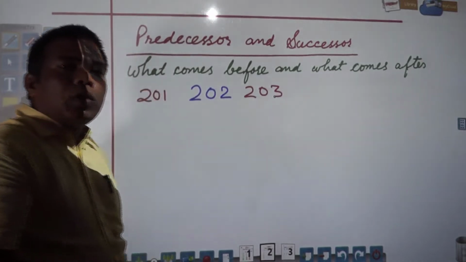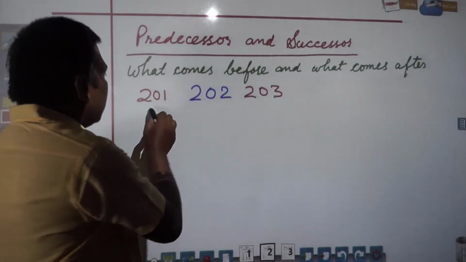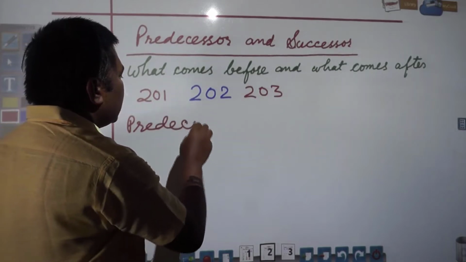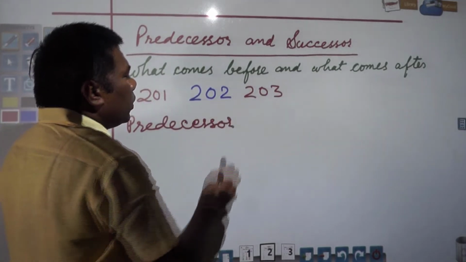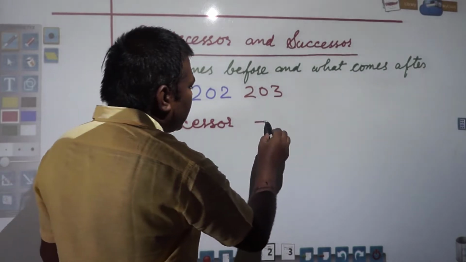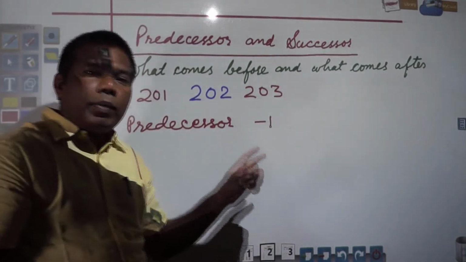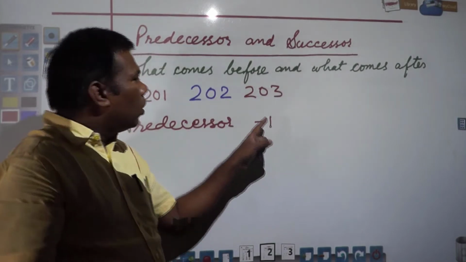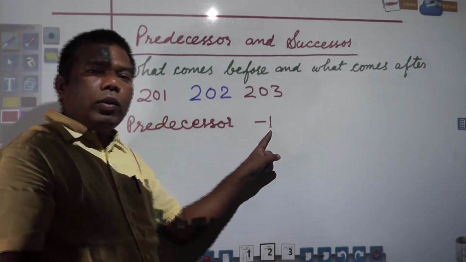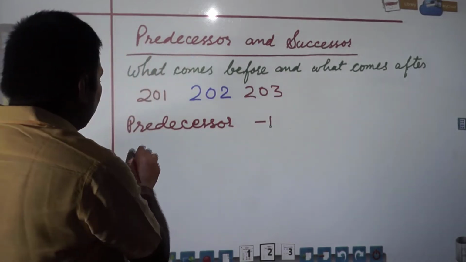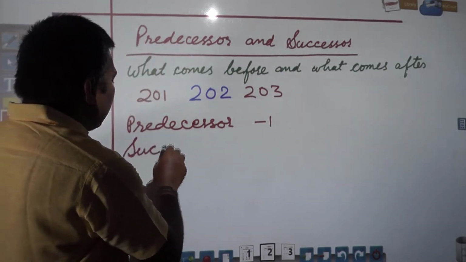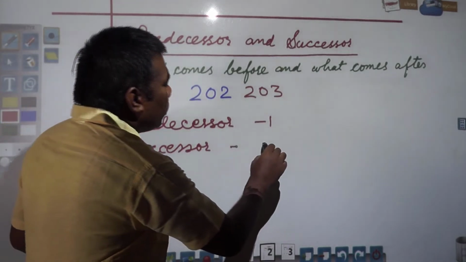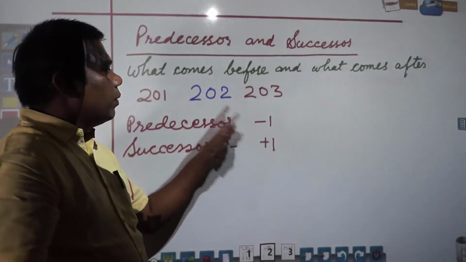So it will be 203. When you need to find the predecessor, what do you need to do? Minus 1. You need to subtract 1 from the given number. And if you need to find the successor of the number, then you need to add 1 to the given number.